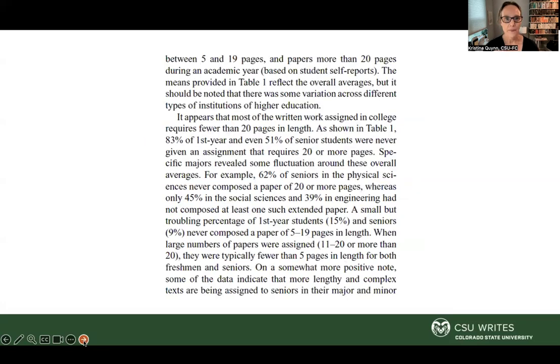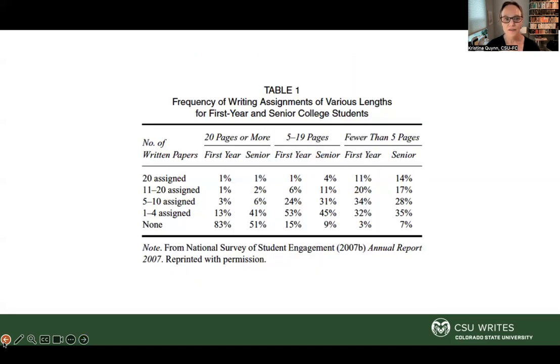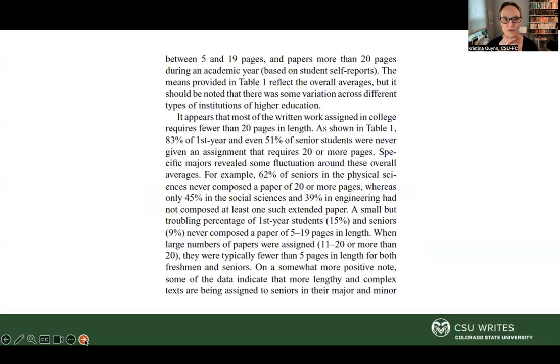All right. So let's see how they wrote about this. You heard me kind of trying to take you through and show you some of this out of context. What you really need, and you picture your reader coming across a table like this, they too want to be able to make sense of it, right? How many papers are written or assigned, and then what are the pages, so the length of those papers.